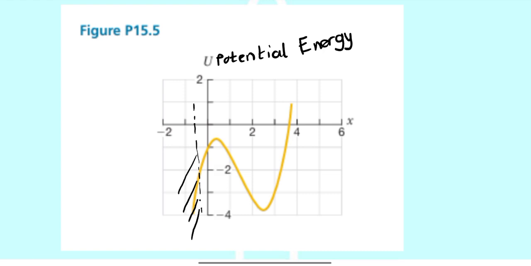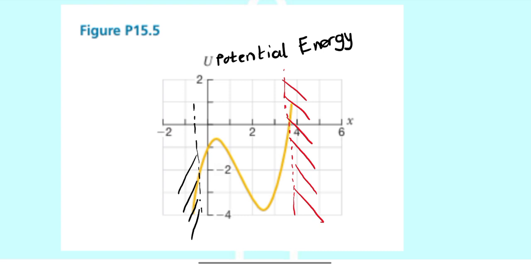If we look again on the right here, you will see that from position 3.5 on the right side, potential energy increases and it never decreases from there.